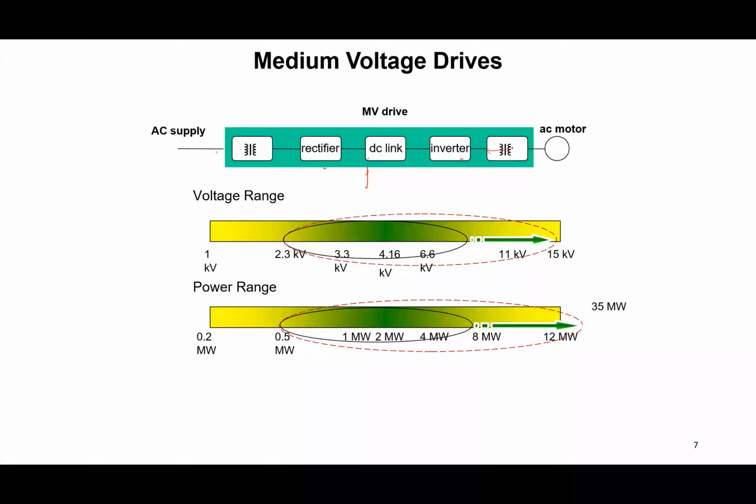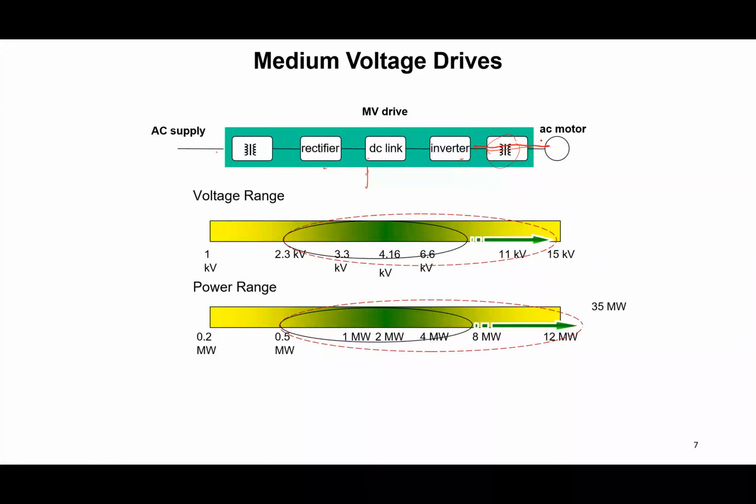This transformer may not be required at all places, but in some applications, for example, if that output frequency is fixed, then in subsea applications, for example, and you have a long distance cable, then you can have the transformer. Otherwise, the inverter output directly goes to the AC motor. The voltage range for a medium voltage system is up to 15 kilovolts.